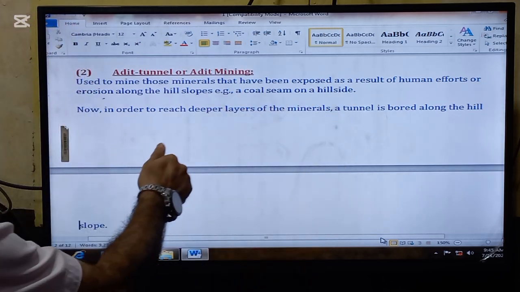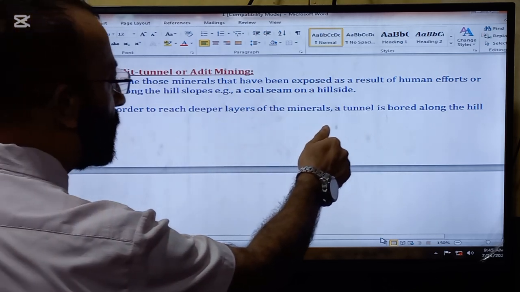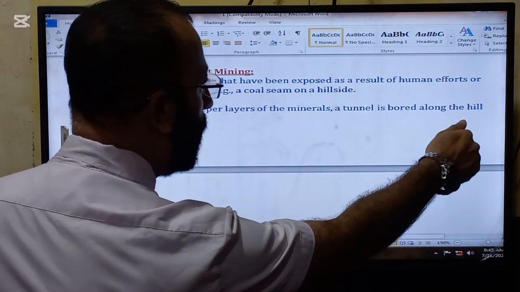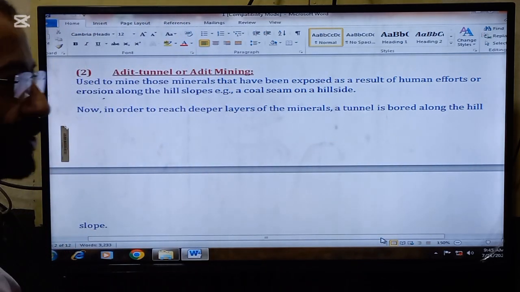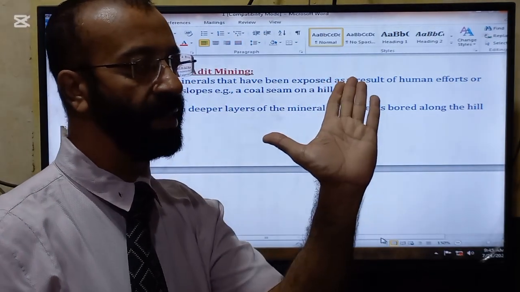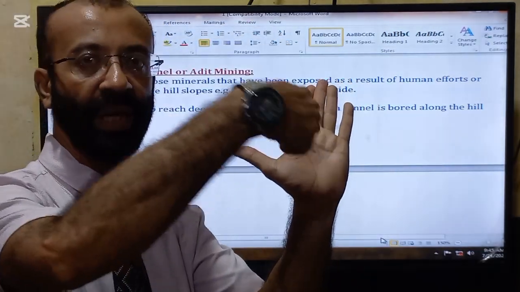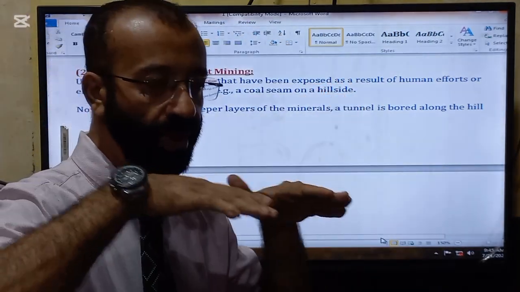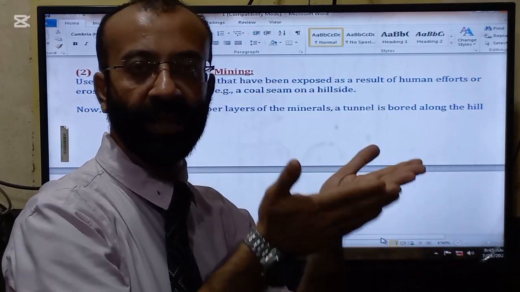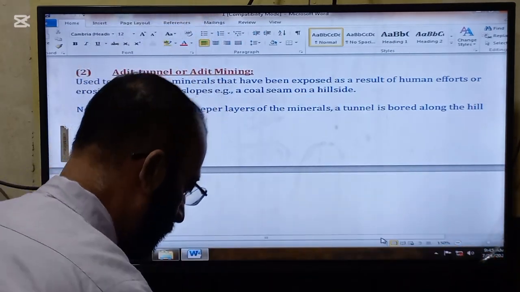Now, in order to reach deeper layers of the minerals, a tunnel is bored along the hill slope. So along the hill slope, for example, this is the hill slope. So a drill is made to reach to the deeper layers of the minerals.